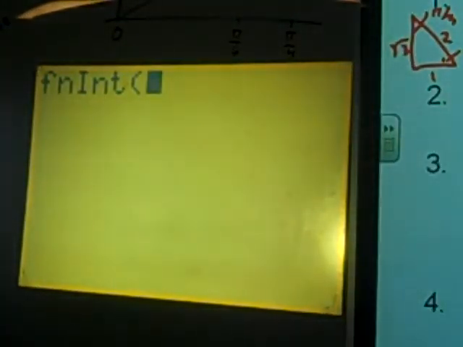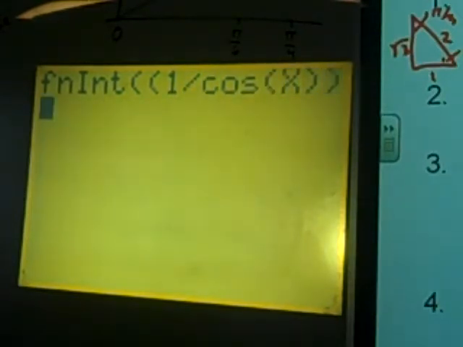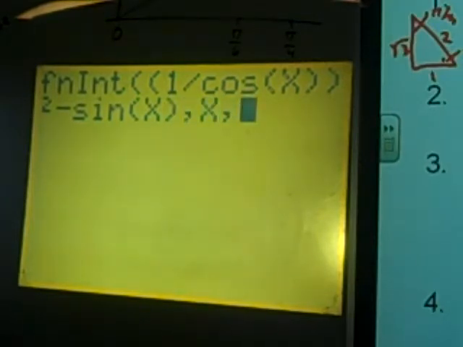For your secant, you're going to have to use parentheses, 1 divided by the cosine of x, close that parenthesis, close the parenthesis that says it's a secant, square it, minus the sine of x, with respect to x, from 0 to pi over 4.